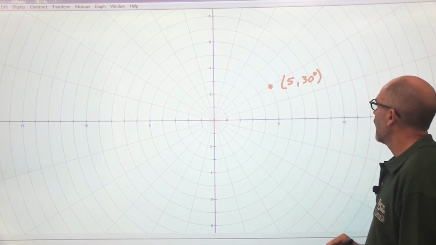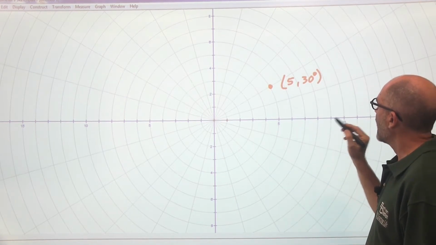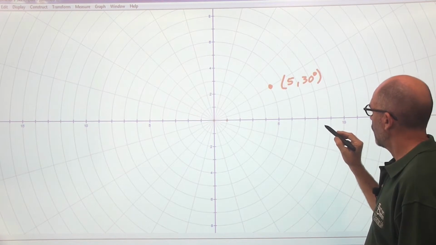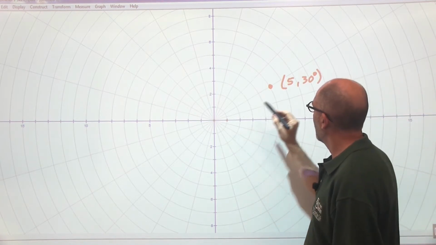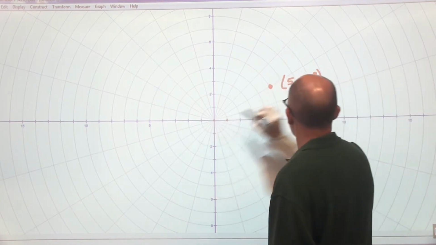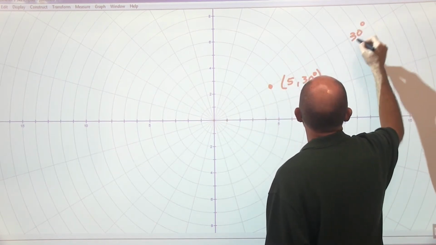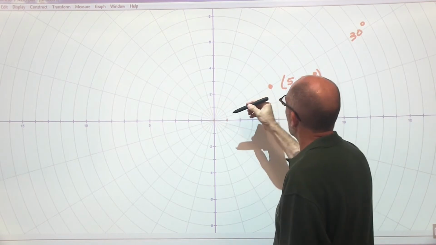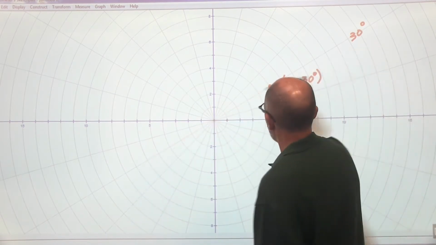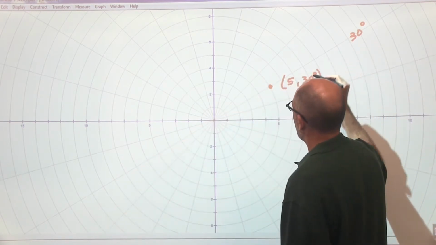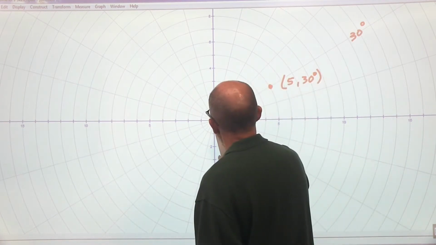Now, I could also go the other direction. See, this is the 30-degree direction this way. If I go left on this 30-degree number line, then I'm going in the negative direction.